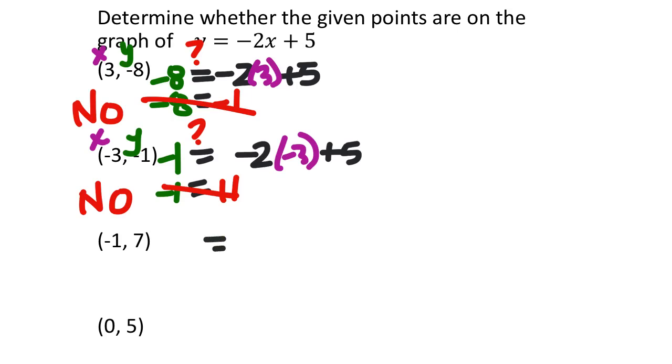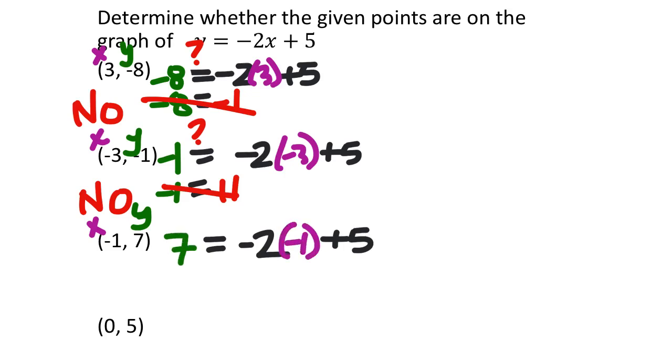Well, let's see if the next one is. So again, I've got this set up so I can replace the values. Again, -1 is x, 7 is the y. So I replace them in the equation. Y is 7, x is -1.